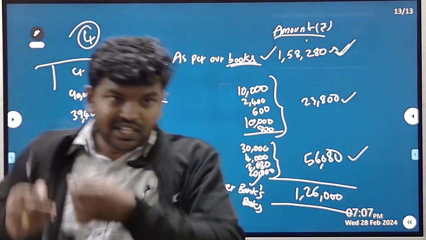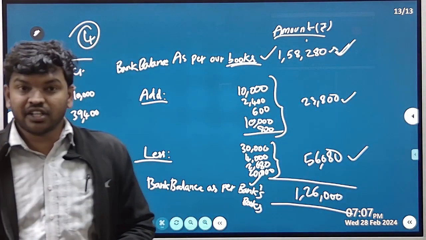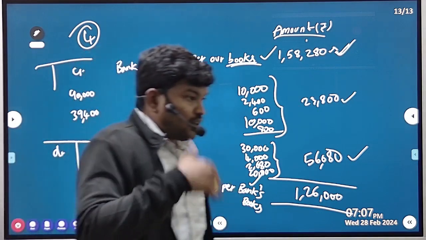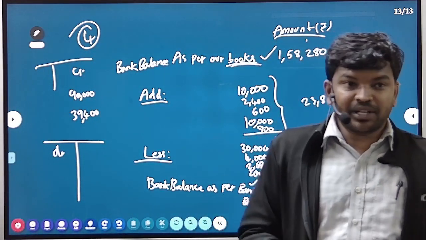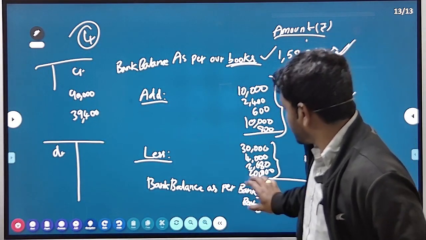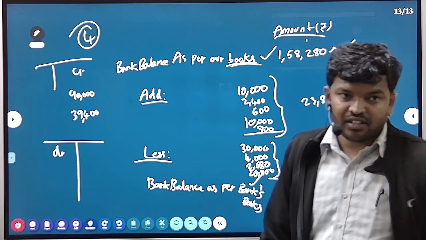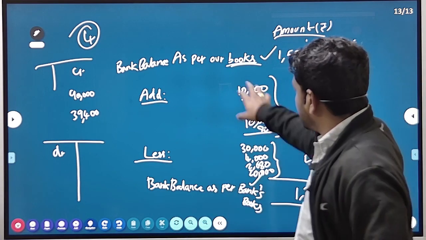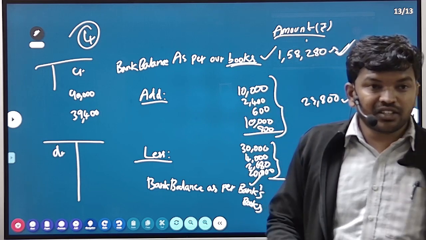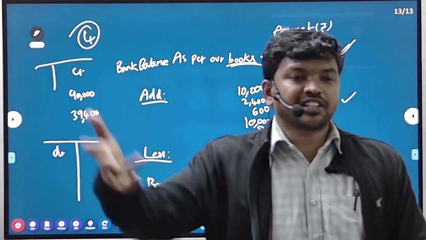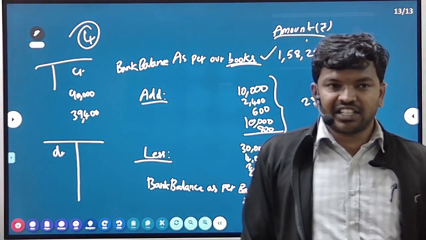Okay. You have to think about the effect, what is happening. BRS objective is to find the bank's balance. Clear? I'm not telling this is the correct treatment, but you have to do the treatment to arrive at the bank balance. Understanding na?